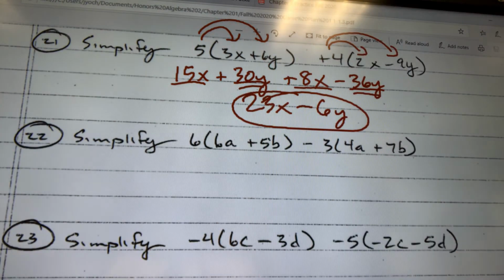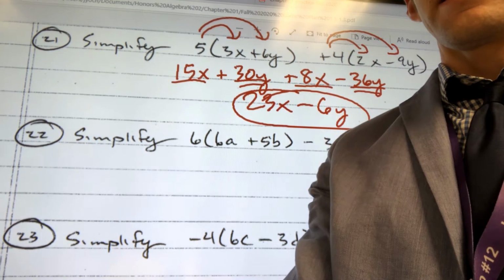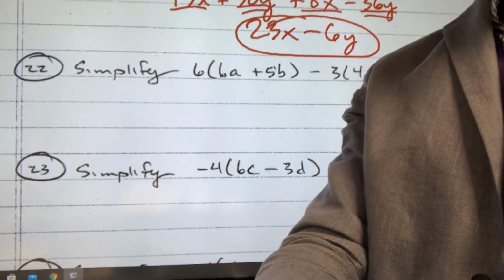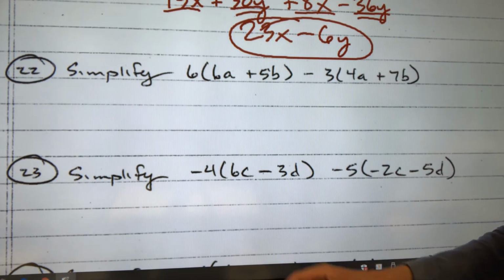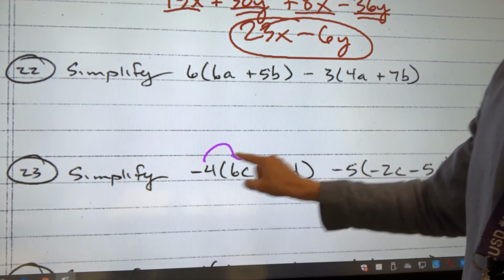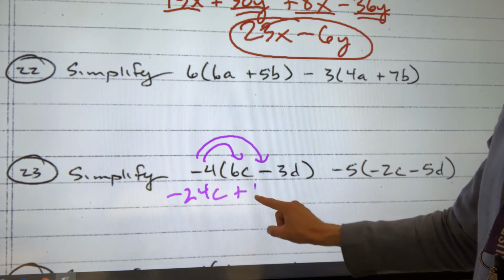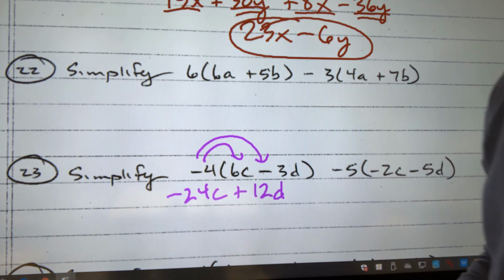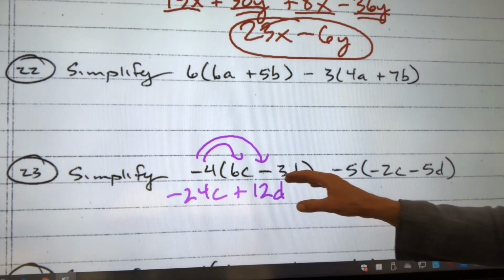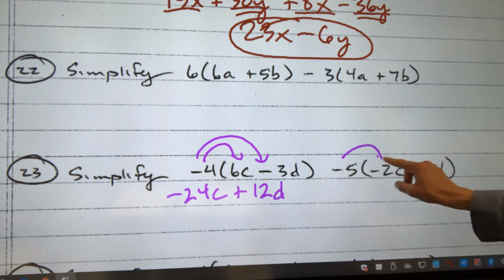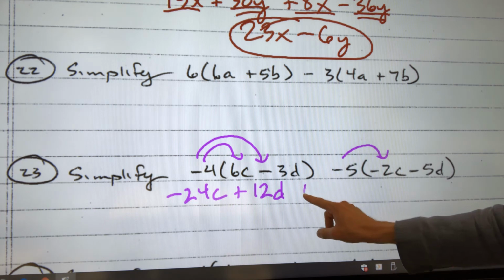All right, 23, looking right at us here. You guys might have some to do on your own. I know Honors Algebra 2 students, you can. 23, that's a negative 24c. A negative times a negative is a positive 12d. Hopefully that's not your calculator, or you're not your calculator, your report card. 12d's, that would be bad. Negative times a negative is a positive.